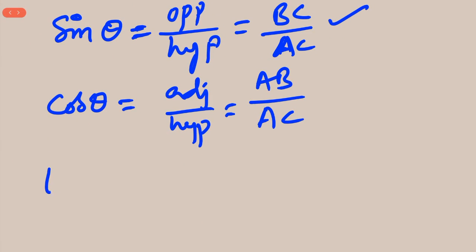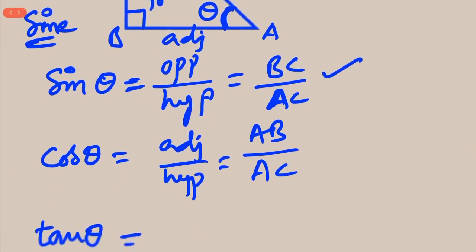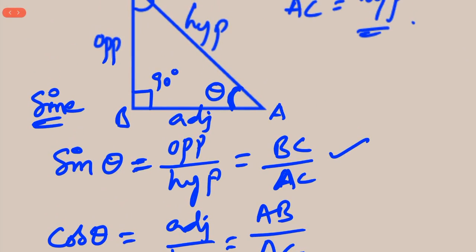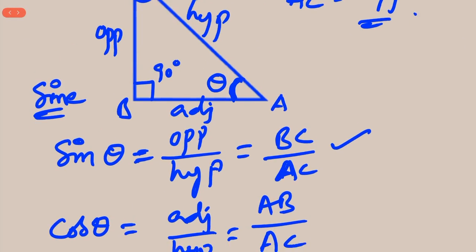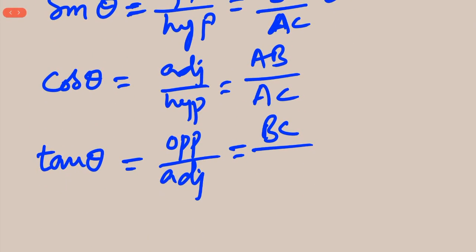One more ratio is tan theta, or tan A. Tan theta is equal to opposite side by adjacent side. The opposite of angle A is BC, and the adjacent is AB, so tan A is BC by AB.